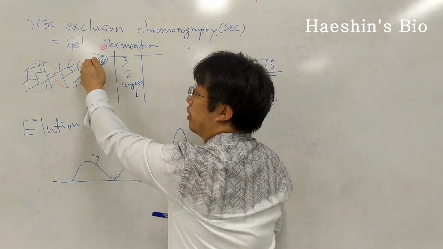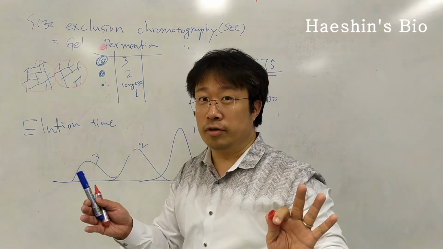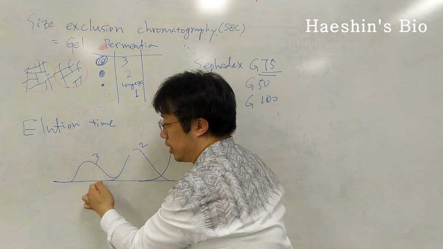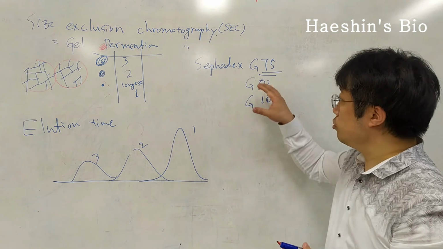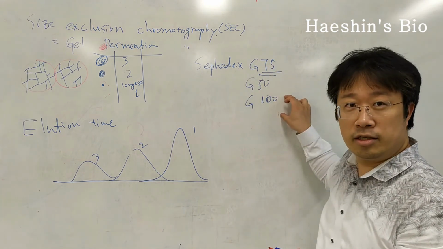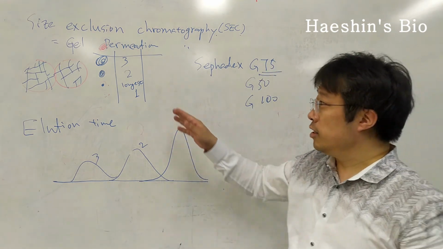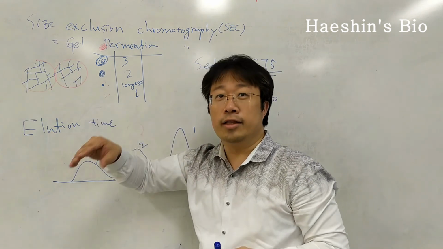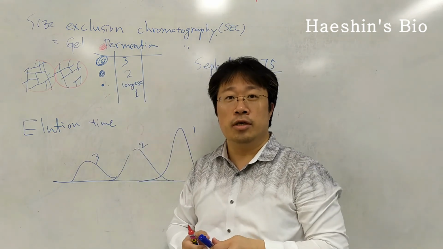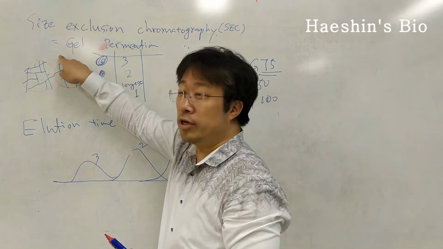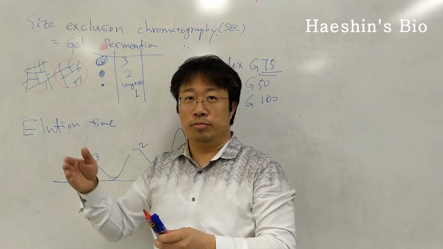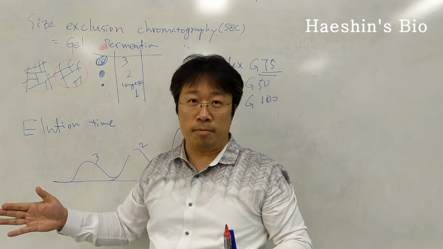But then two different proteins are different things, yet they actually elute at the same time. That's why it's very important to choose which beads with which pore size are packed in here, and then that range of proteins is separated. In other words, excluding, not going into the bead, extruding out from the beads, so it can separate by size.